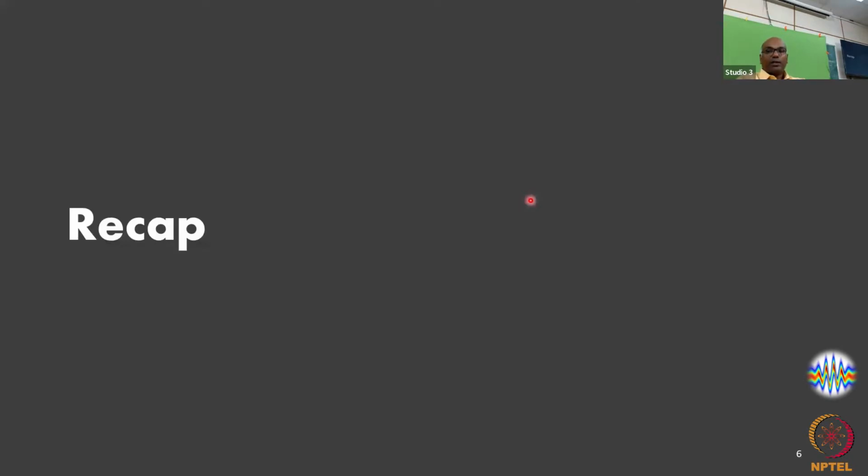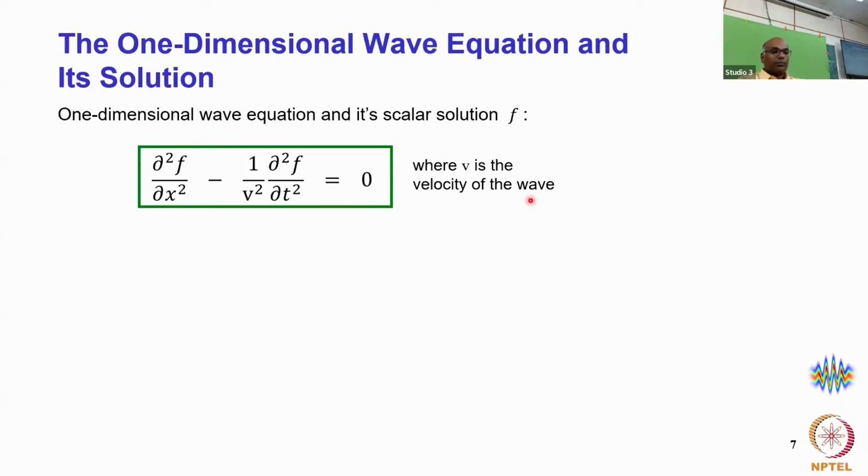So as far as the recap goes, we can essentially begin with recalling the 1D wave equation, which is d2f by dx2, the partial second derivative of the function f, which ultimately solves the wave equation, minus 1 over the square of the magnitude of the velocity vector v, which is actually the square of the speed of the wave.